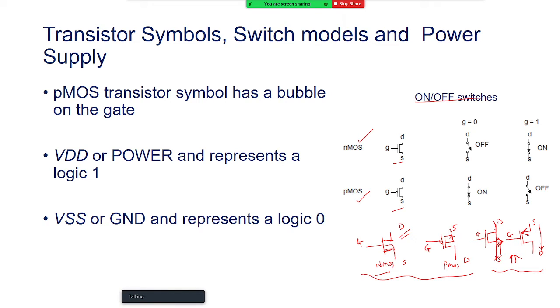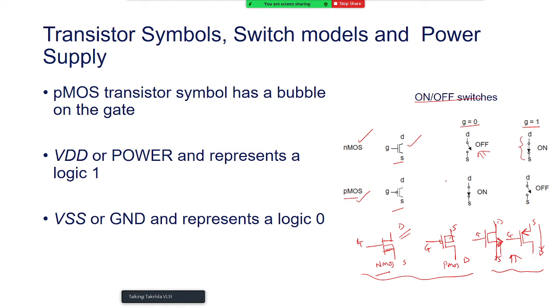Okay, so now we know that when the gate is at logic 0, we will declare the NMOS to be off, and this is how we would prefer to show it. When the gate is at control 1 or logic 1, we will say the NMOS is a closed switch, and we will show it this way.